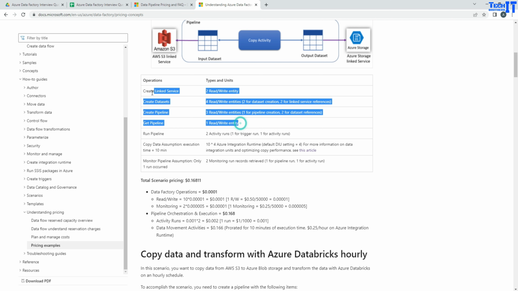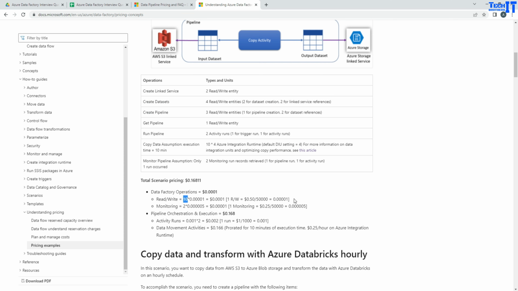And remember that this is all our data factory operations. So this becomes 10 right there. And this is the price for 1 read and write, because for 50,000 this is the price, and then you divide by 50,000, that will give you for 1, and then you have 10 of them, you multiply with the actual number, and get the output right there.